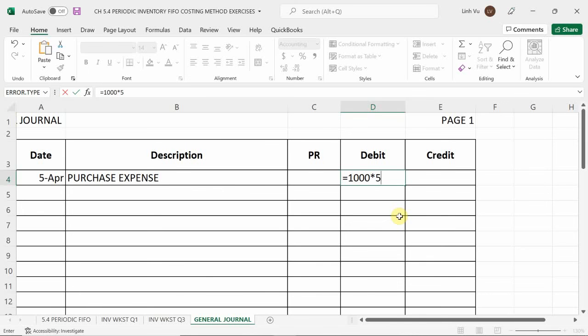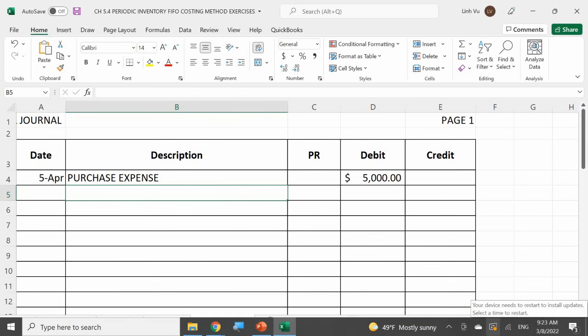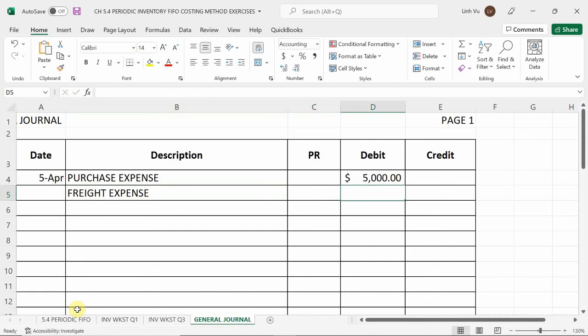If I press enter, $5,000 is what it's going to calculate for me. What else do I need to include? Freight expense. How much was my freight expense? It was $100.